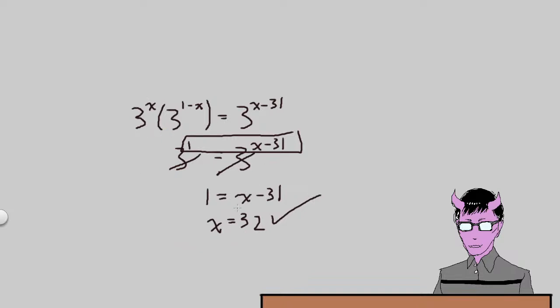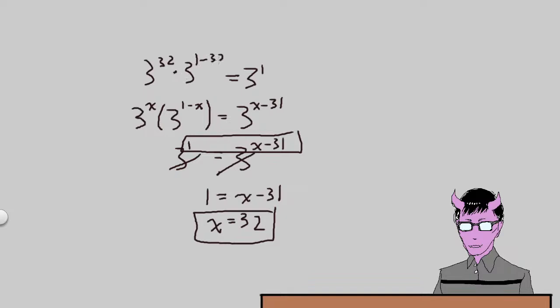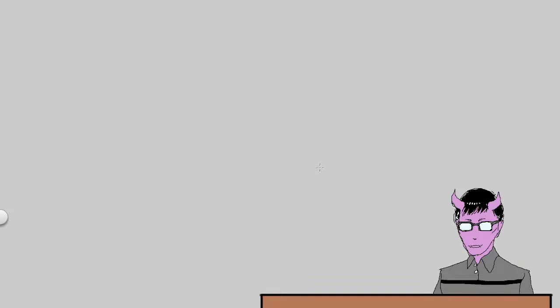It looks kind of annoying to double check, but 32 minus 31 is exponent 1. And then you plug that in there. 3 to the power of 32 times, because remember parenthetical is multiplication, so times 3 to the power of 1 minus 32. These ones will combine to make 1, so the answer is consistent. We are good to go.